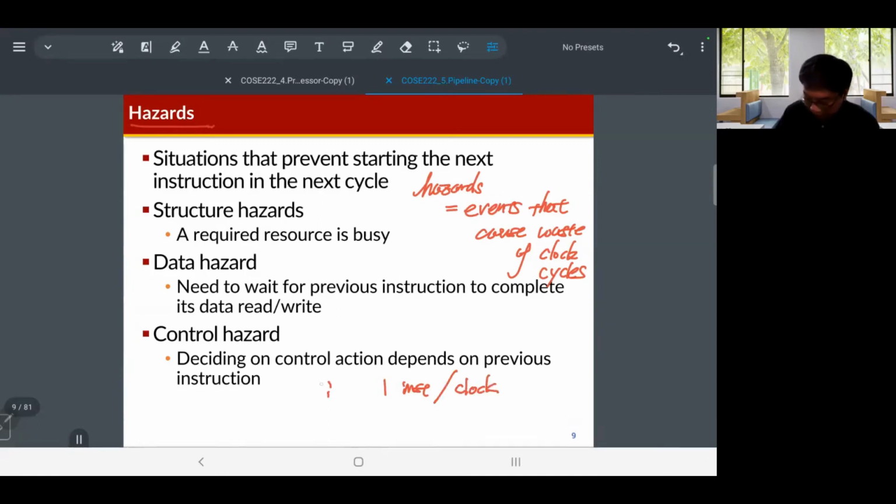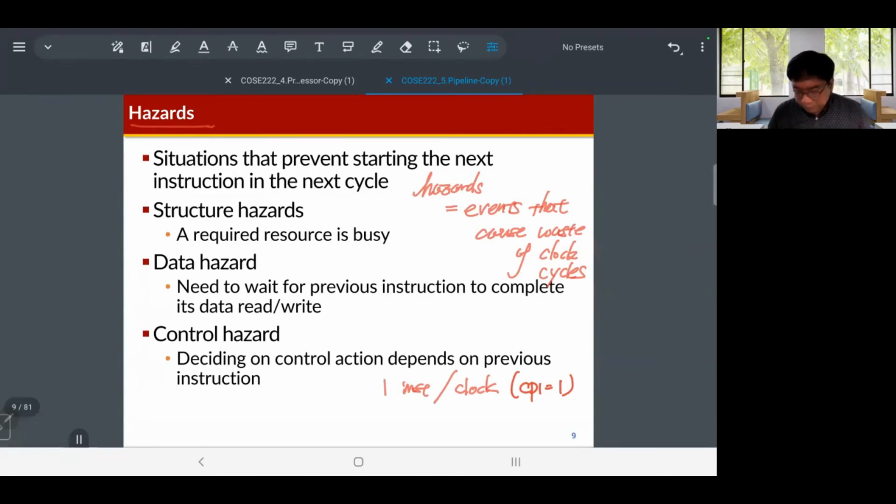In a single cycle processor, the CPI is 1, which means we consume only 1 clock cycle for executing 1 instruction. It's the same for the pipeline processor. A pipeline processor can fetch an instruction every clock, which means it can execute 1 instruction per clock.